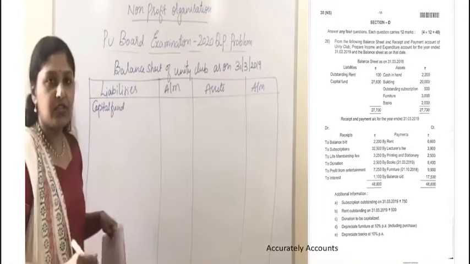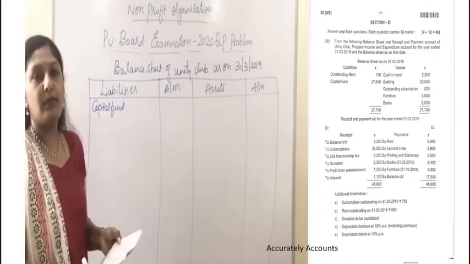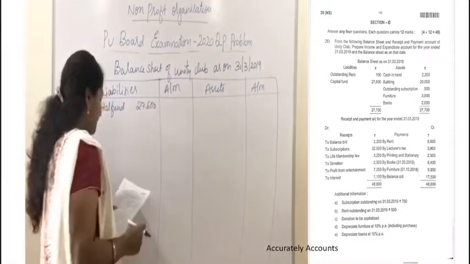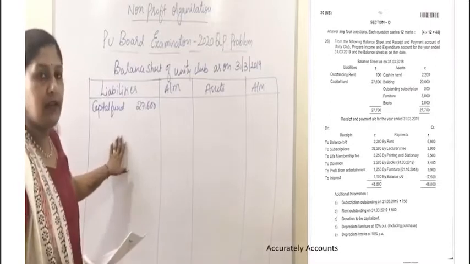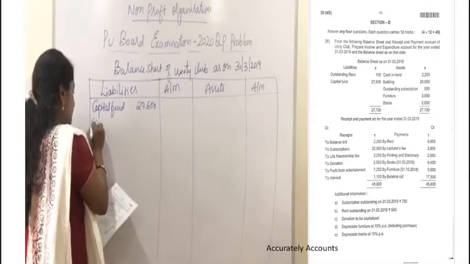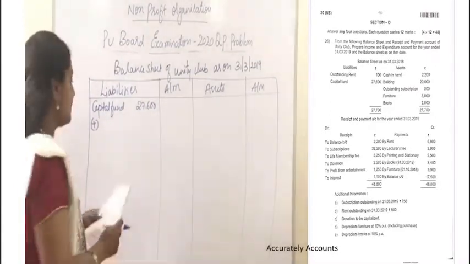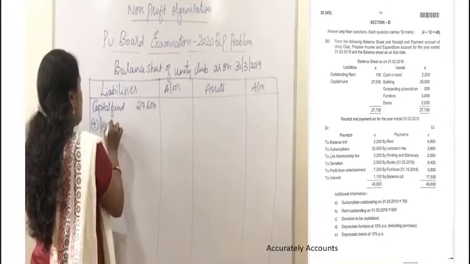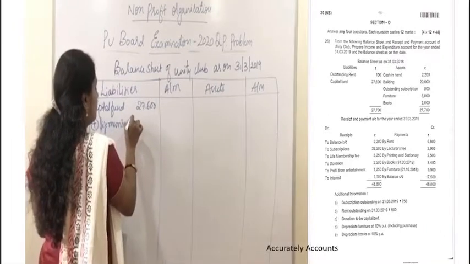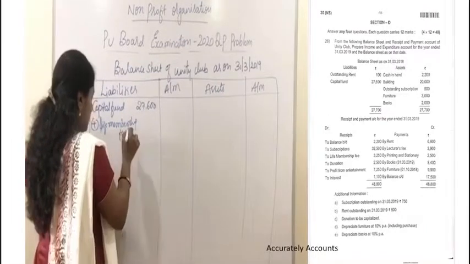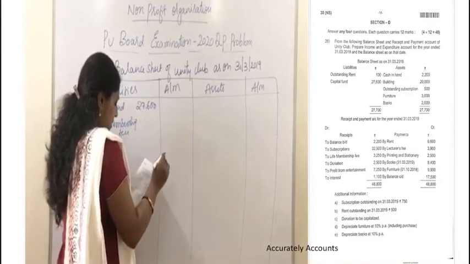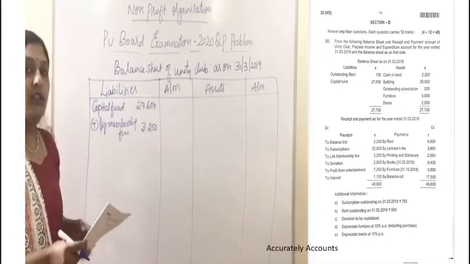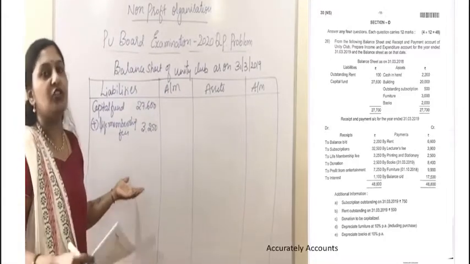If you see in the question, they have already given the opening balance of capital fund, which is 27,600. To this capital fund balance, we need to add the life membership fees, because it is one of the capital items. The value of life membership fees is 3,250, and then there is an adjustment which clearly says that the donation needs to be capitalized.